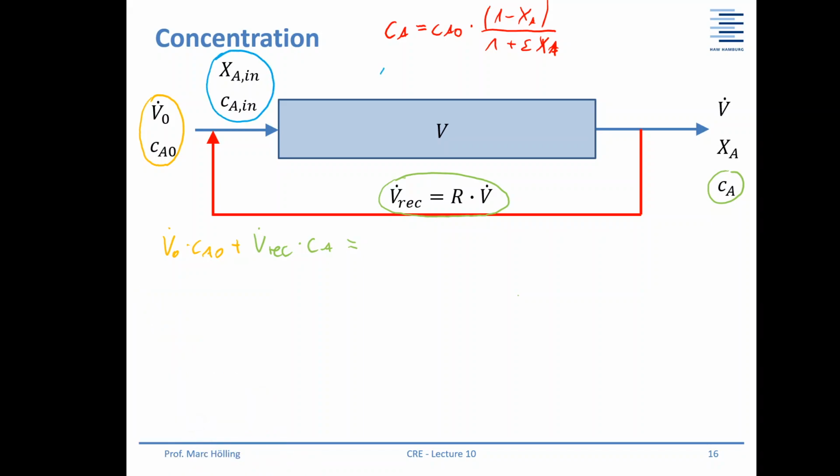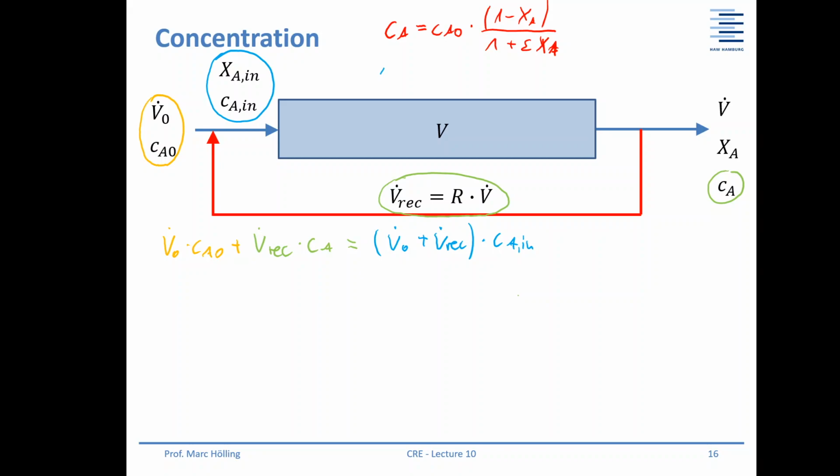So first the volume flow: this is our total volume flow, initial volume flow plus recycle, times Ca in.